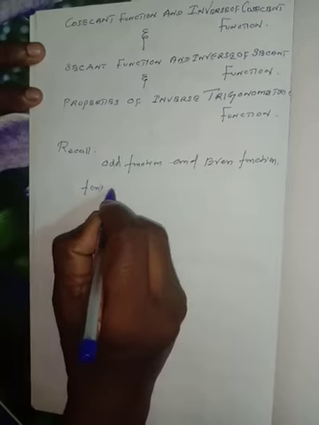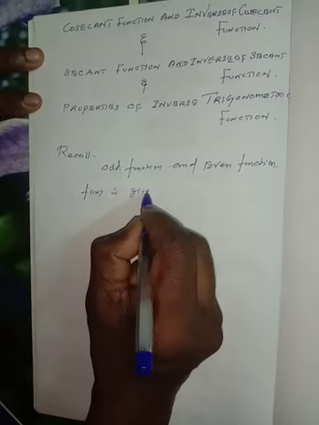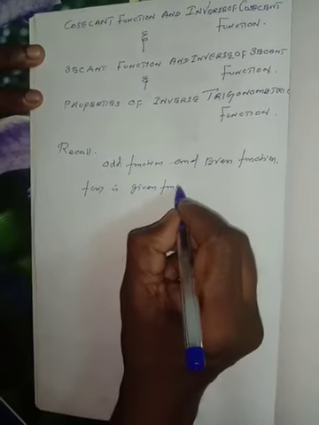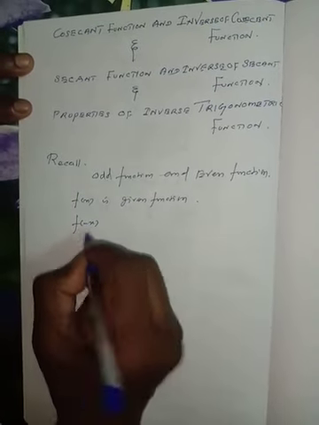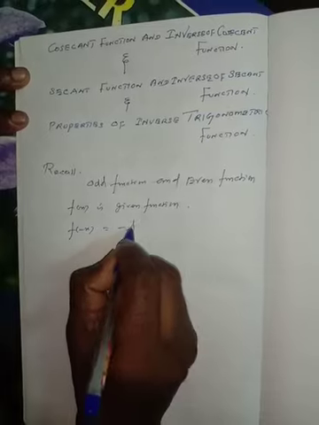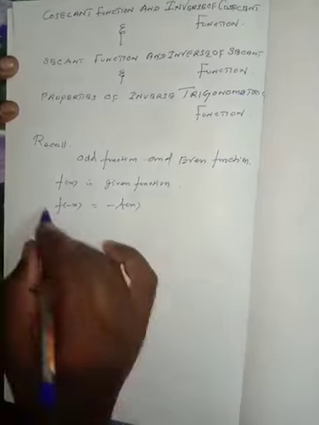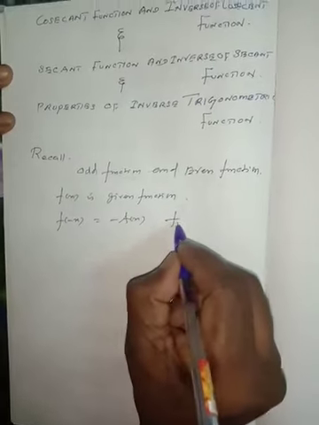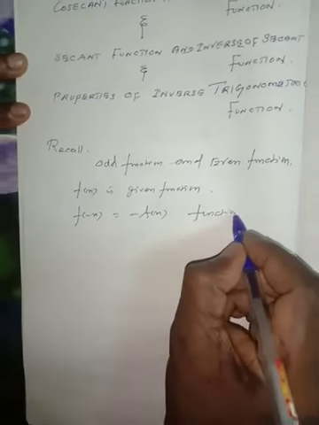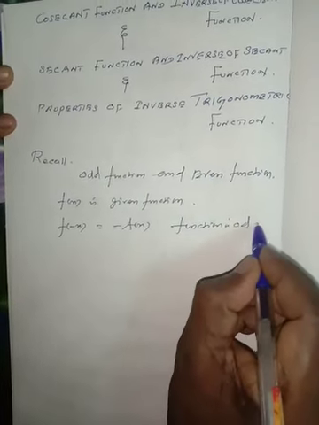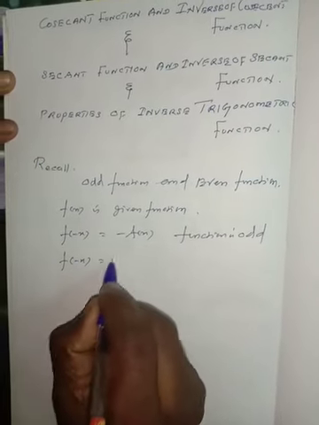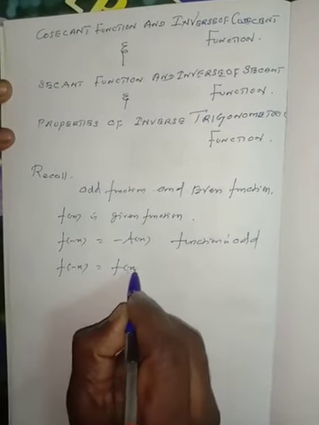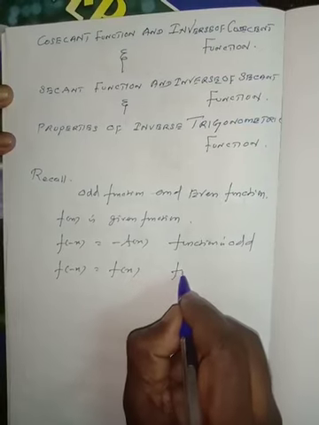If f of minus x is equal to minus f of x, then the function is odd. Suppose f of minus x is equal to positive f of x, then the function is even.